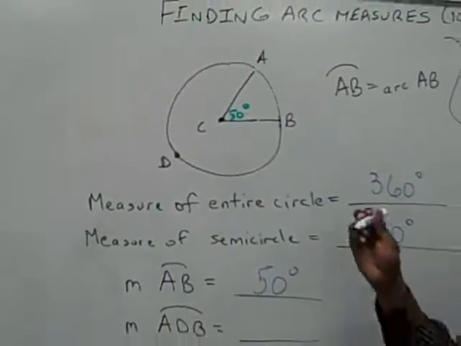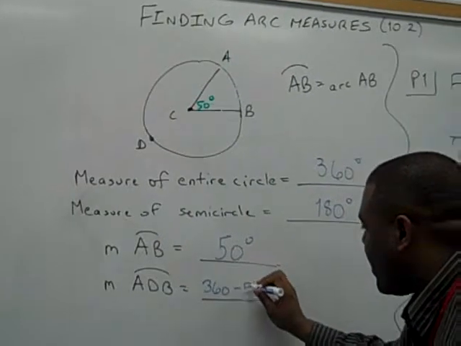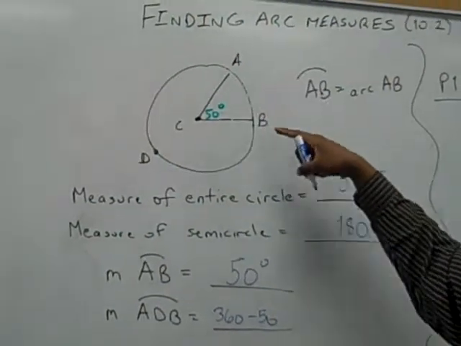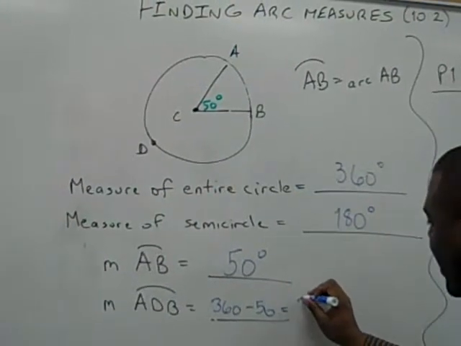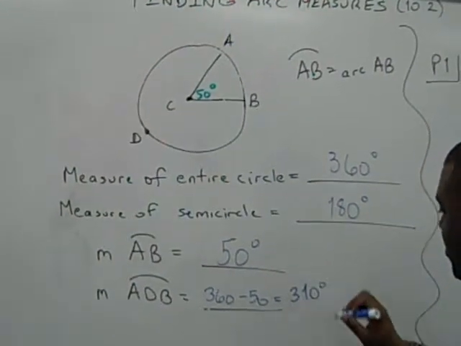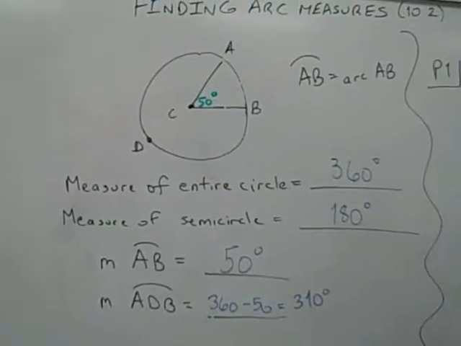That's right. We have to take 360 and subtract 50 from it, because we already know that this is 50 degrees. So we're going to take 360, subtract 50 from it, and we're going to get 310 degrees. So the measure of arc ADB is 310 degrees.